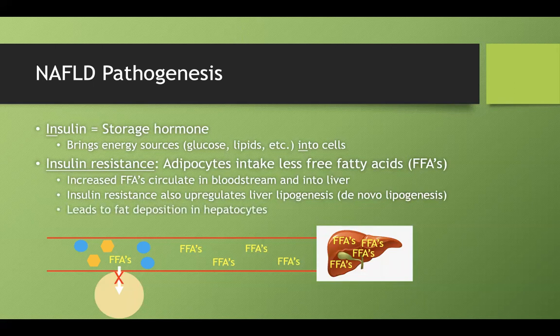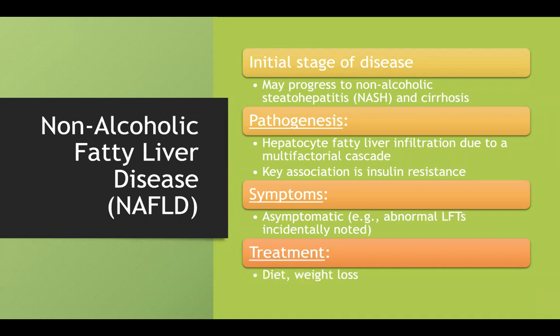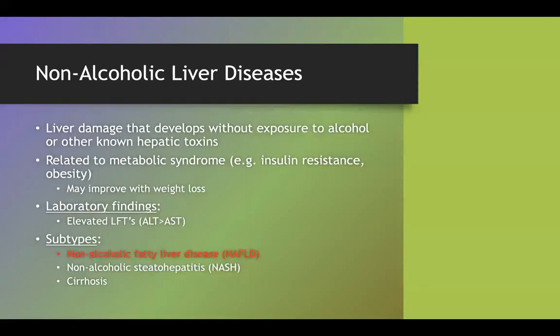And as you can see, both of these processes lead to fat deposition in your hepatocytes. Just like alcoholic fatty liver disease, this is generally asymptomatic. And the treatment is diet and weight loss.